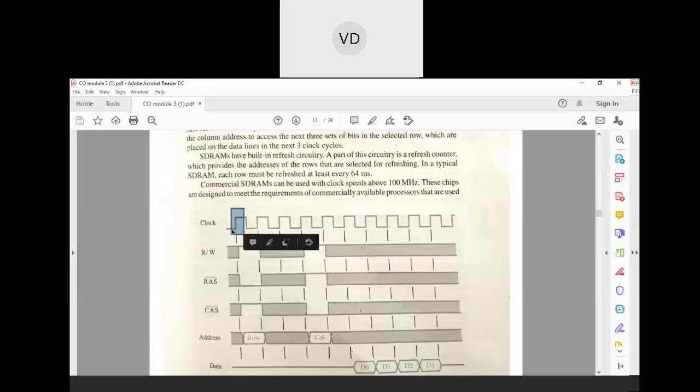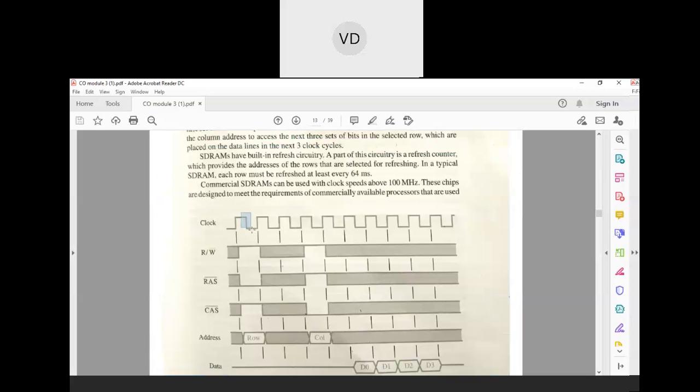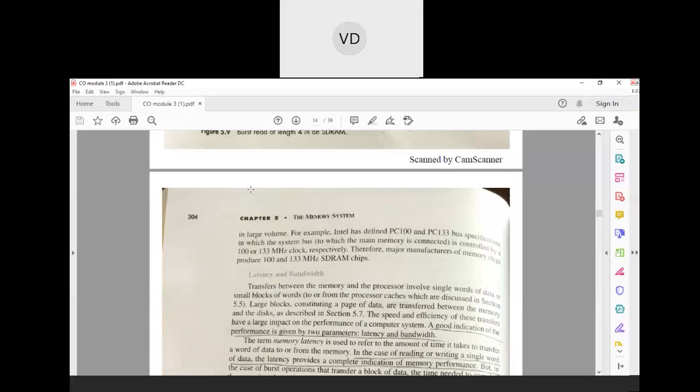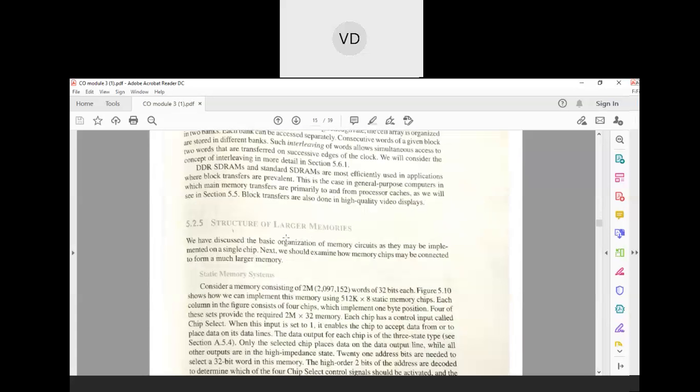This is a rising edge, from down to up. Next, this is a falling edge, from up to down. So transfer takes place at the rising edge and at the falling edge, and that is called double data rate transfer of data devices.